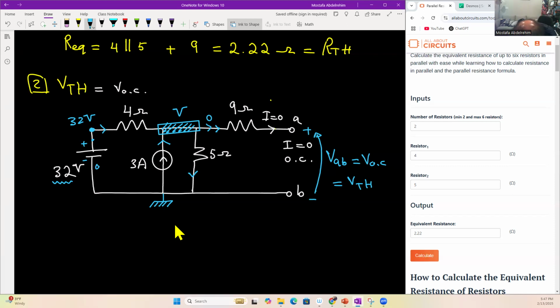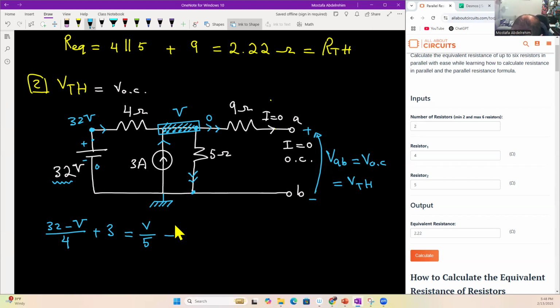So the current here is (32 minus V) divided by 4 ohm. 32 minus V is the voltage across the resistor, and dividing by the resistor gives the current. Plus 3 is equal to what is going out, which is the current V minus 0 over 5, which is V over 5, plus 0.